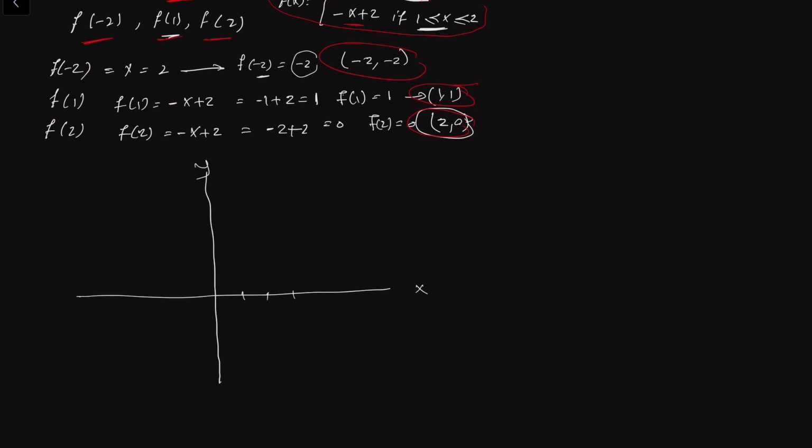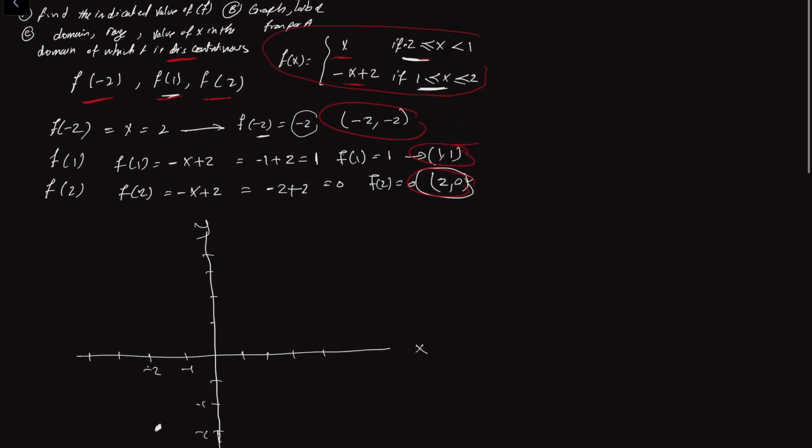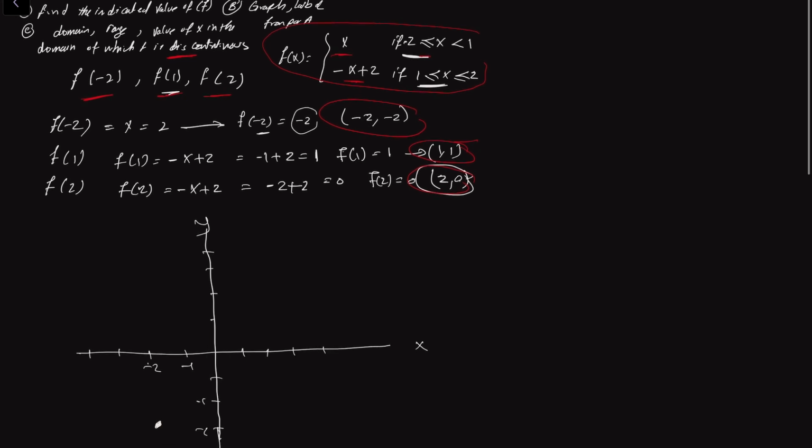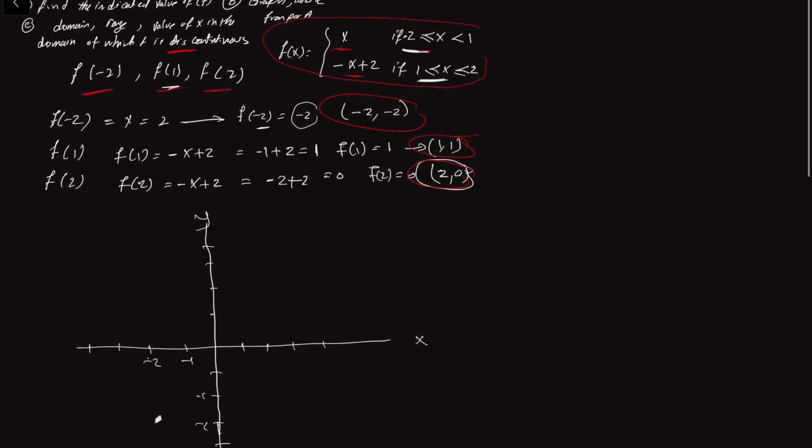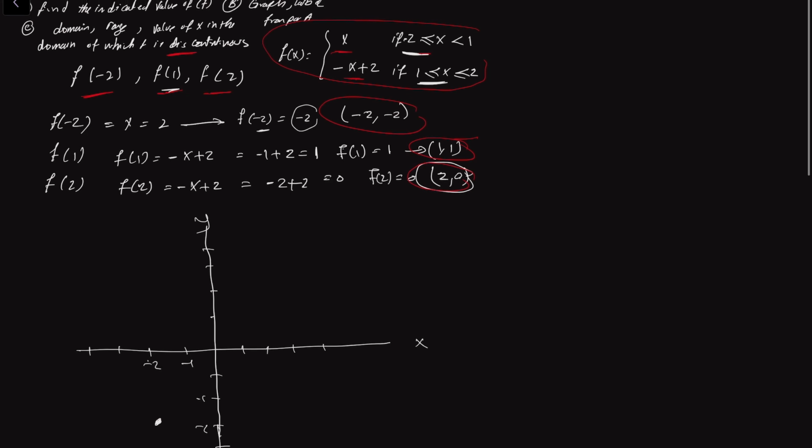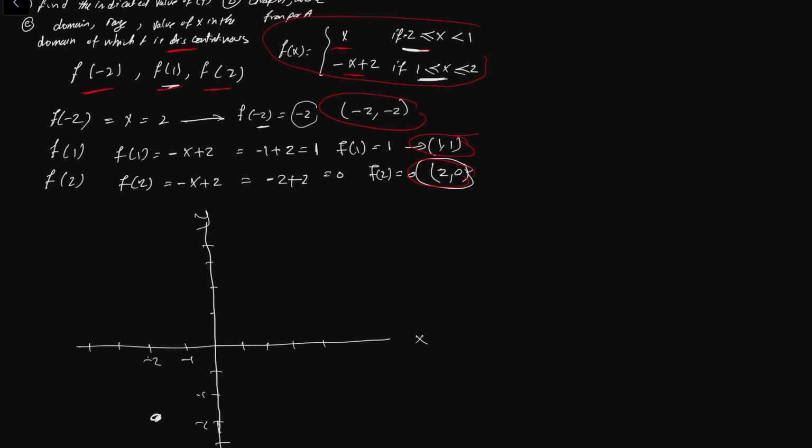The first point is negative 2 and negative 2, so it's right here. The function is defined at negative 2, so we can make a solid point here.